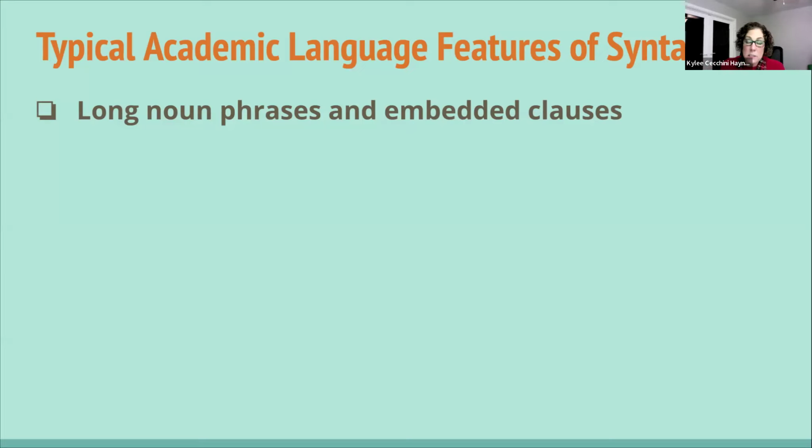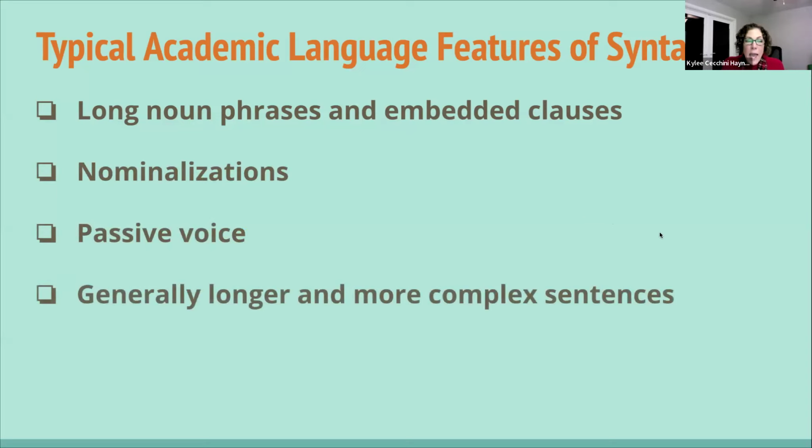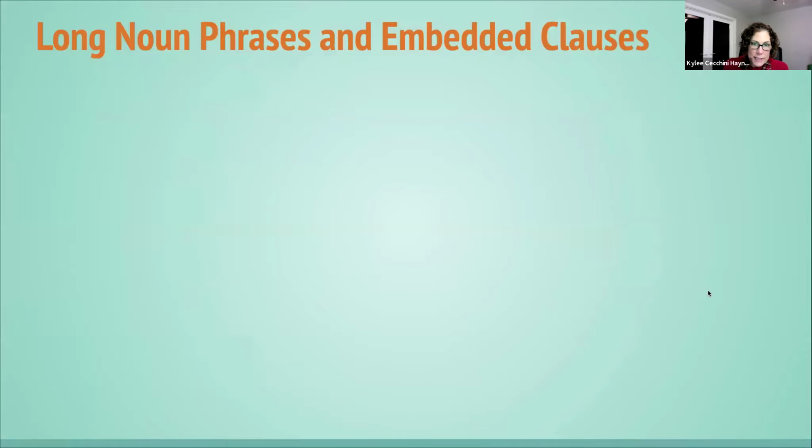The syntax demands are more. So what we find are long noun phrases and embedded clauses. We find nominalizations. We find passive voice, and generally longer and more complex sentences.